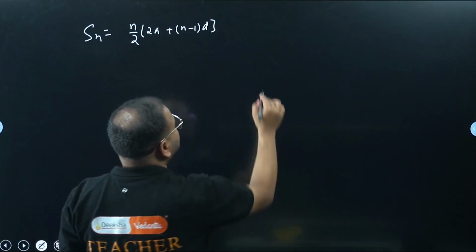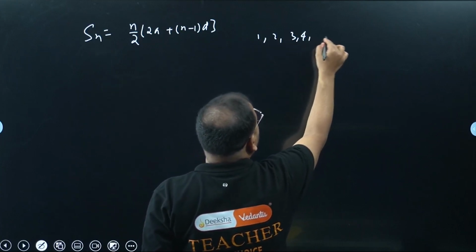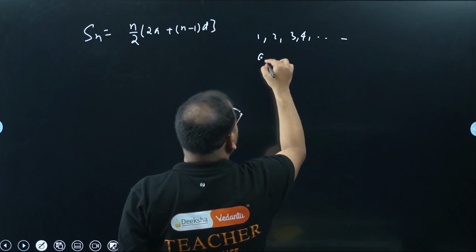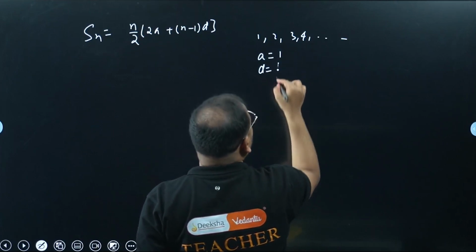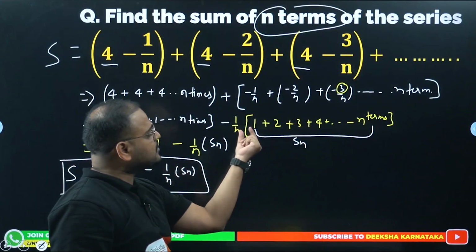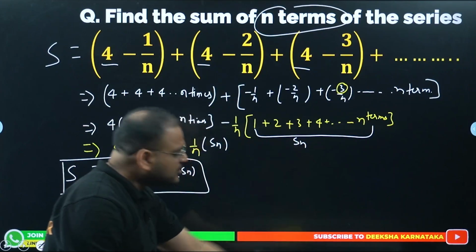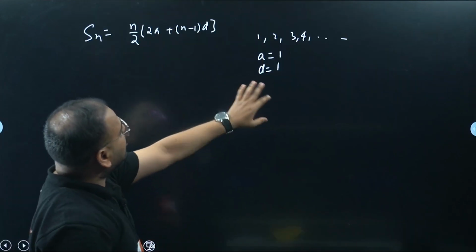What is this series? 1, 2, 3, 4 and so on. So what is my first term? First term is 1 and my common difference is 1 only, right? Check here. 2 minus 1 is 1, 3 minus 2 is 1, 4 minus 3 is also 1.